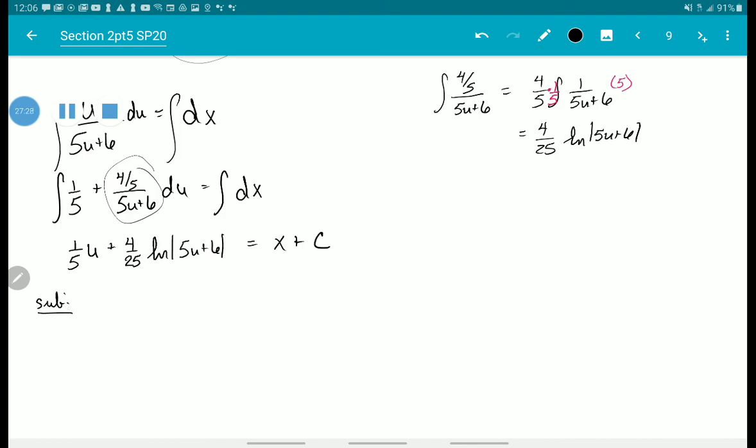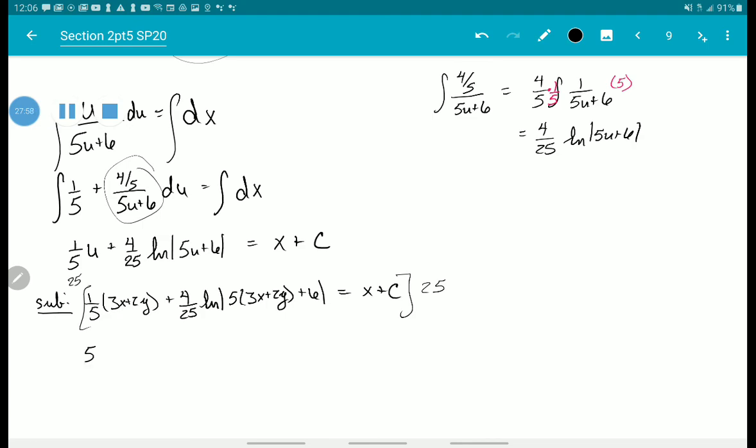We said u was equal to 3x plus 2y. So we have 1/5 times 3x plus 2y plus 4/25 times the ln of 5 times 3x plus 2y plus 6 is equal to x plus c. So I'm going to go through and multiply everything by 25 just to get rid of these fractions. 25 times 1/5 is a 5 times 3x plus 2y.